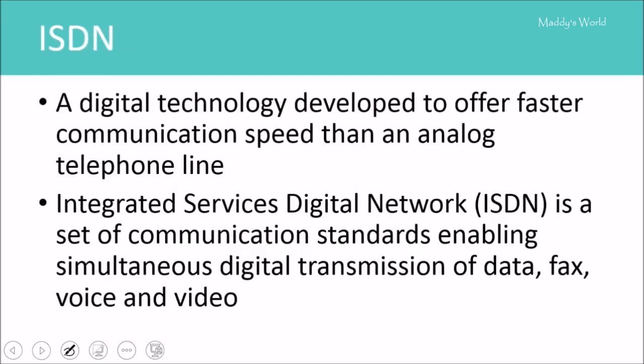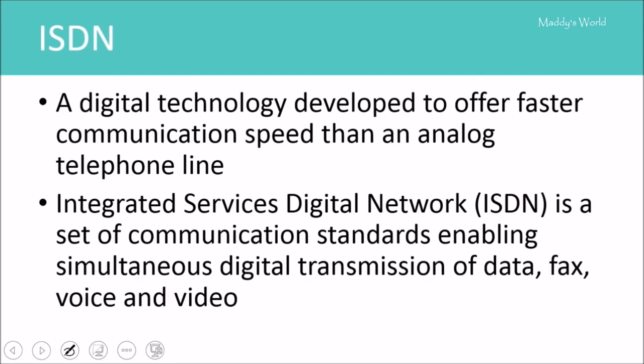All right, next up is ISDN. ISDN is just a digital technology that was developed to offer faster communication speed than an analog telephone line. So telephone lines, of course, if you ever had a dial-up modem, they weren't very fast. It resulted in just painful download speeds.